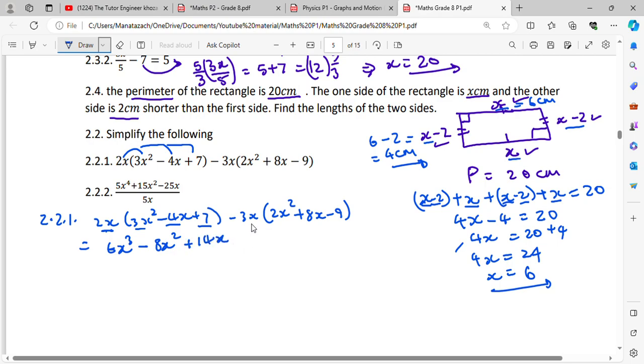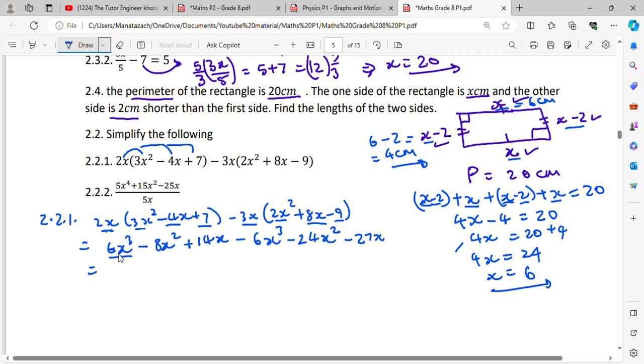Then likewise 3x times 2x squared will give us 6x cubed. 3x times 8x will give us minus 24x squared. 3x times minus 9 is minus 27x.